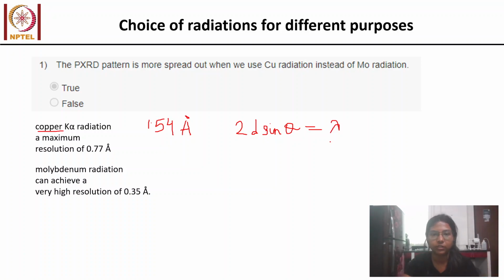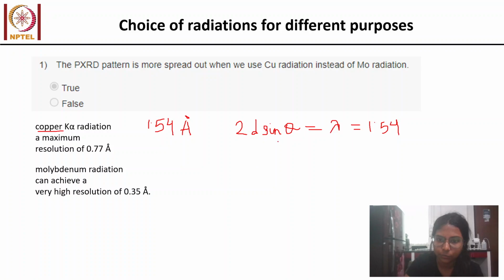Now when we are using copper, lambda will be equal to 1.54. Suppose we want to achieve the maximum resolution. Then we put sine theta equal to 1.